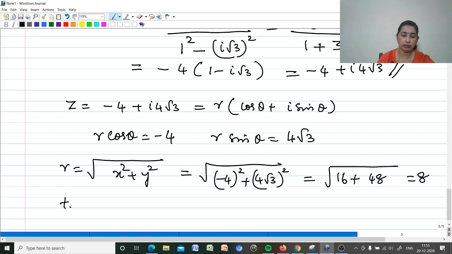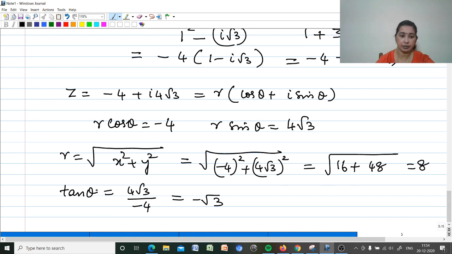Now we need to find what is tan theta. Tan theta is y by x. Y is 4 root 3 divided by x is minus 4, so we are getting it as minus root 3. So we have to find the value of theta. For which value of theta are we getting root 3?